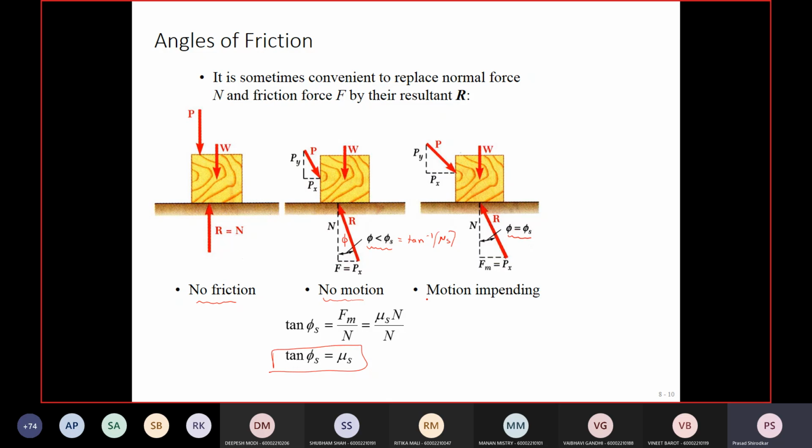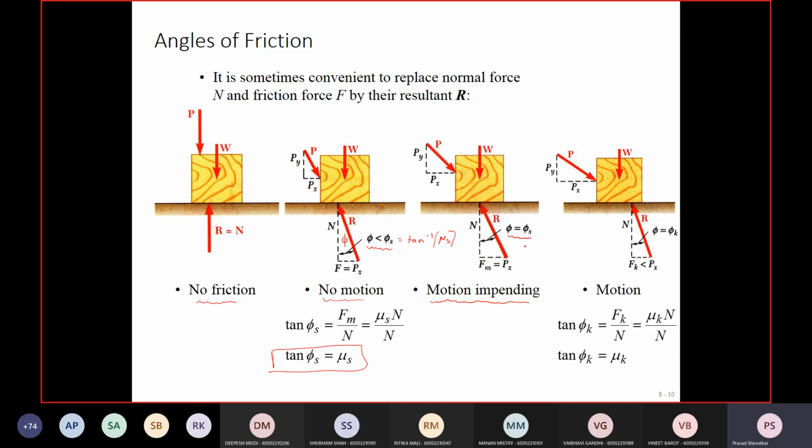then the motion is in an impending condition. When this angle exceeds phi s, when the frictional force is exceeded, then phi is now equal to phi kinetic. As you know, the angle is less because mu k is less than mu s.